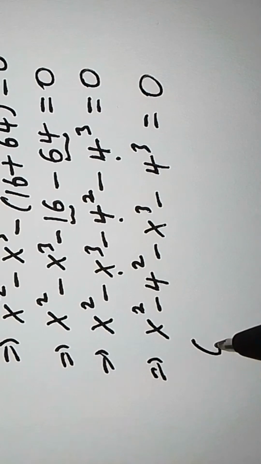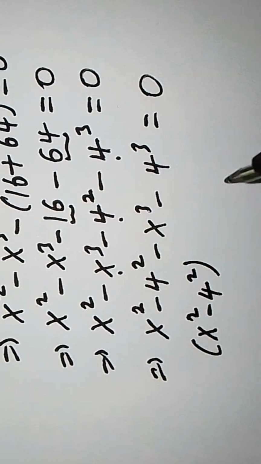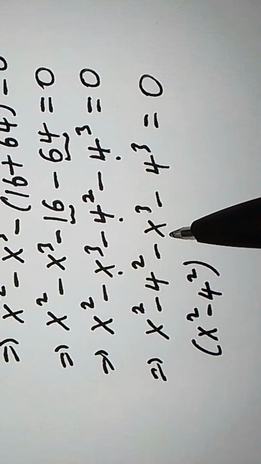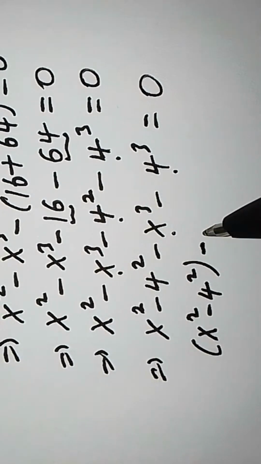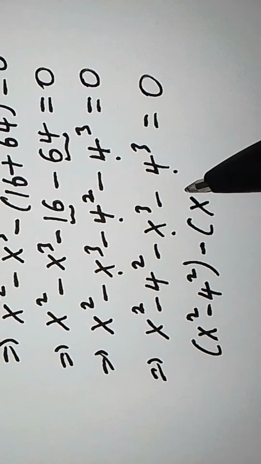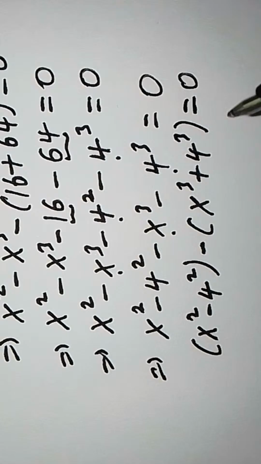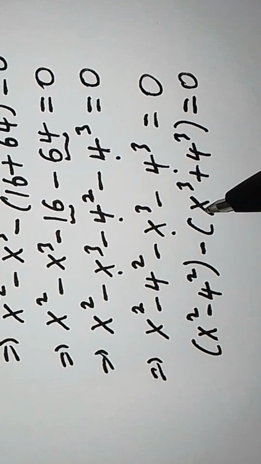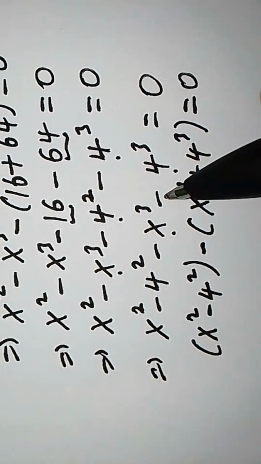That will be x squared minus 4 squared. Now, consider these two guys. We can factor out minus 1. So we have minus into x cubed plus 4 cubed equal to 0. That is minus times x cubed, we have minus x cubed. Minus times plus 4 cubed, we have minus 4 cubed.